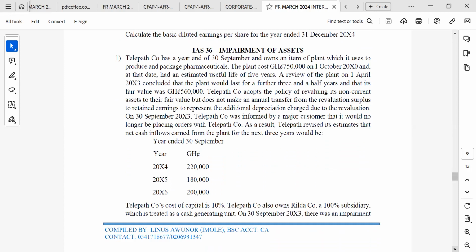IAS 36, impairment of assets. Telepath company has a year end of 30th September and owns an item of plant which it uses to produce and package pharmaceuticals.